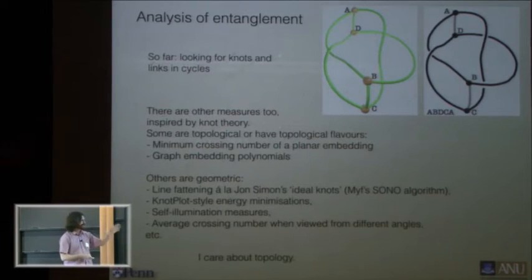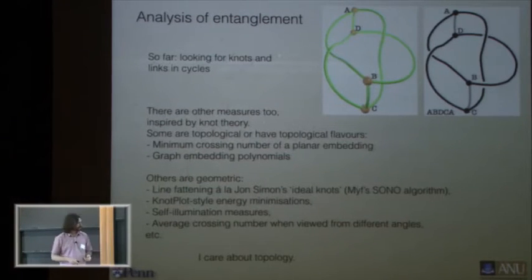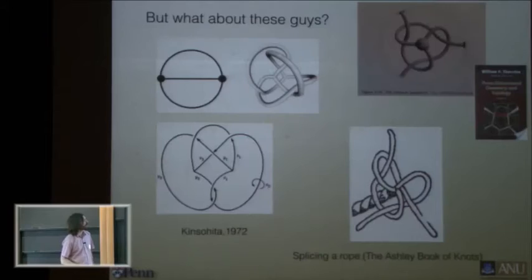You can minimize energy other ways. You can imagine that each line segment is emitting light in all directions, and you measure how much of that light the graph captures, how much it self-illuminates. That's another measure from knot theory. There's all these kinds of things. I don't think much of them in this context. But they are potentially useful in a different context.